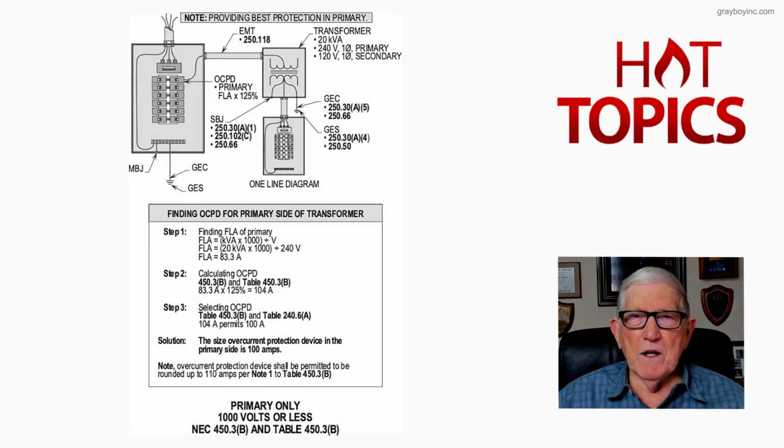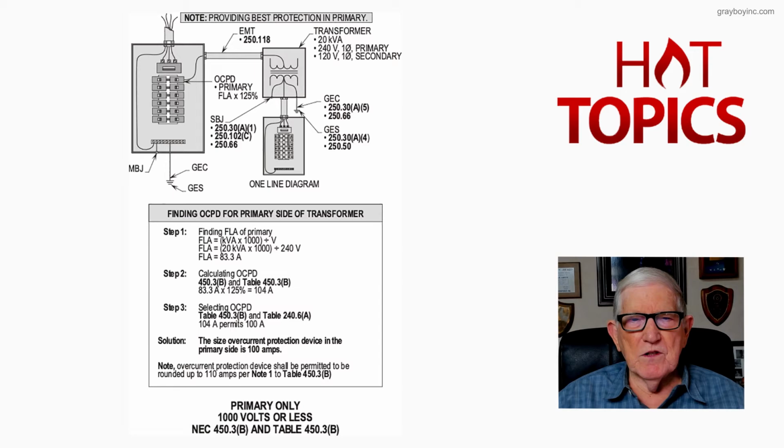Now we can only round up by Note 1 if it's 9 amps or more. We must round down at 167% or 300% times the FLA. In step 2, the transformer is 83.3, so naturally it's 9 amps or more.